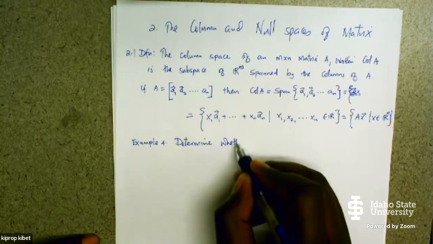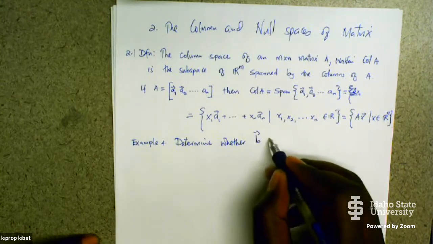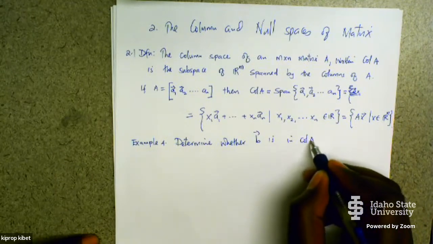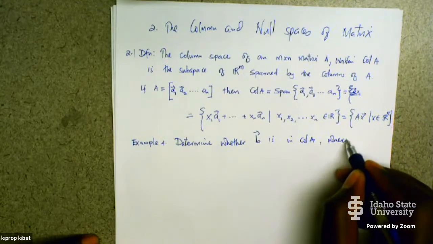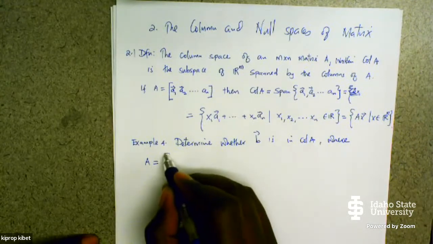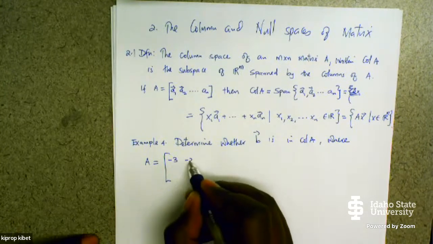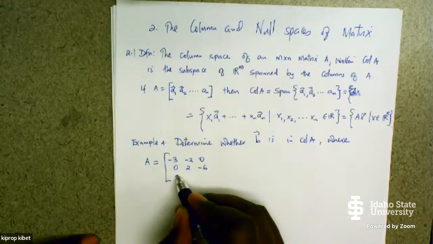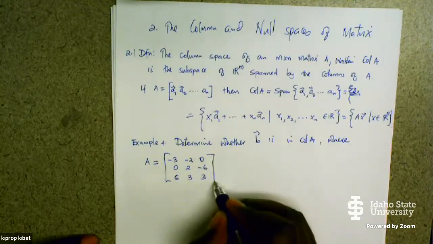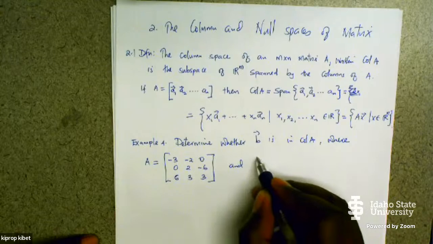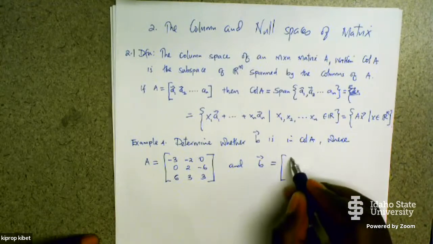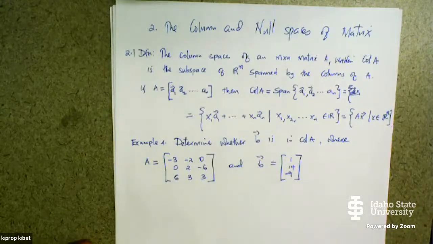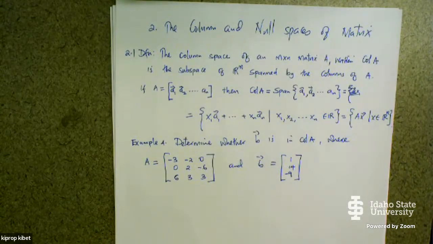Determine whether b is in the column space of A, where A is [-3, -2, 0; 0, 2, -6; 6, 3, 3] and b is [1, 14, -9].